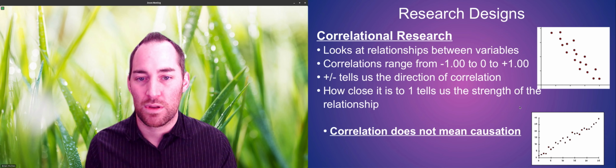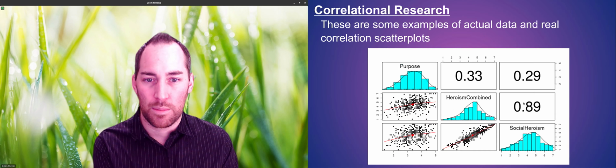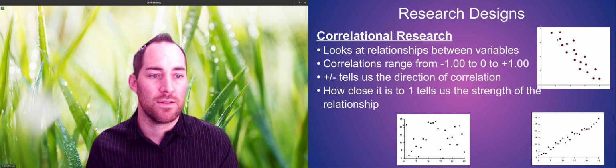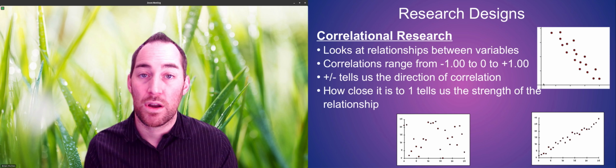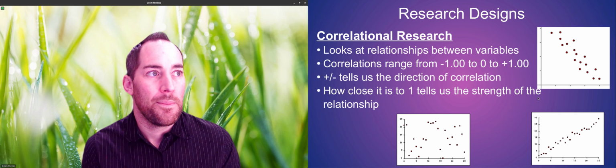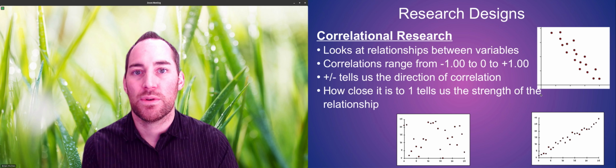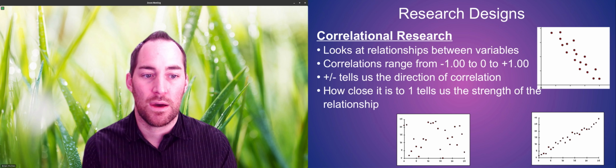Something with a negative correlation, I think I might have some examples here. Oh, nope, I don't. So let's give an example of negative correlation. As one variable goes up, the other variable goes down. So let's say the number of people at a ski resort and temperature.